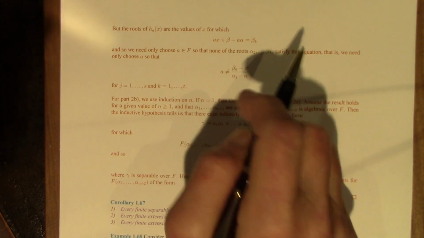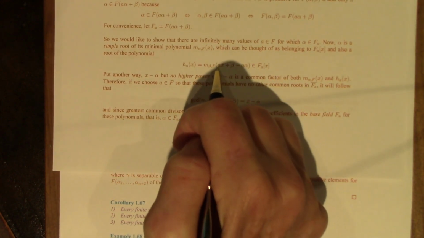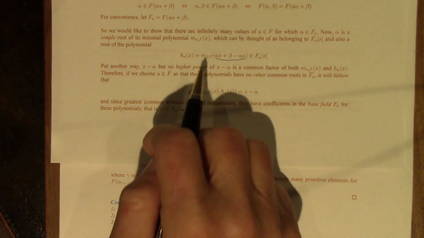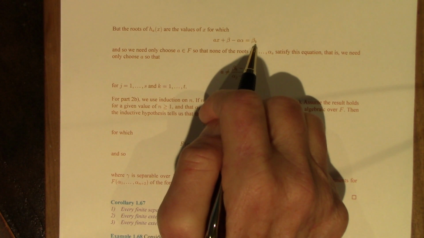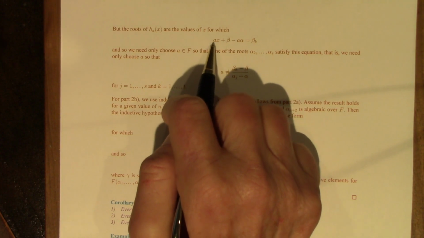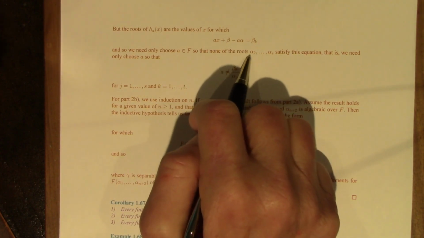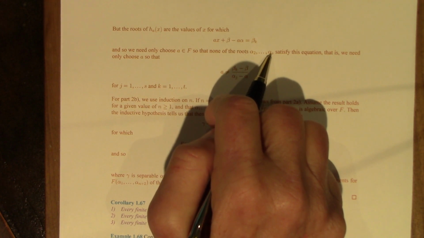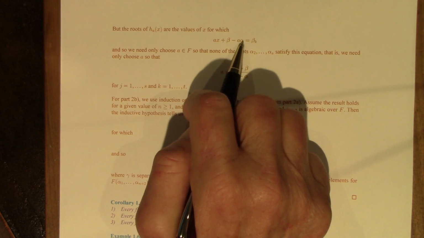If you look again at the definition of h sub a of x, you'll get 0 if that expression is equal to any of the roots of this polynomial, any of the beta sub k's. So all we need to do is choose little a and f so that none of the roots of the other polynomial, the minimal polynomial of alpha, satisfy this equation. Then there'll be no other common roots.